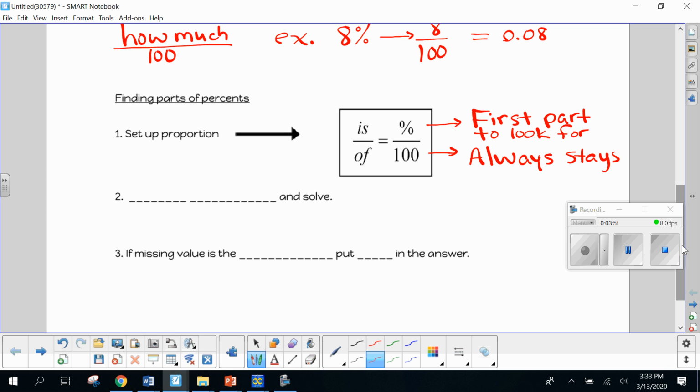Okay? Then we're going to look for numbers attached to each word.